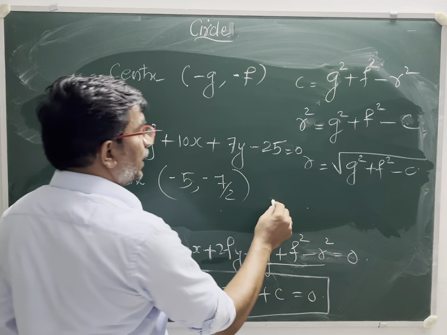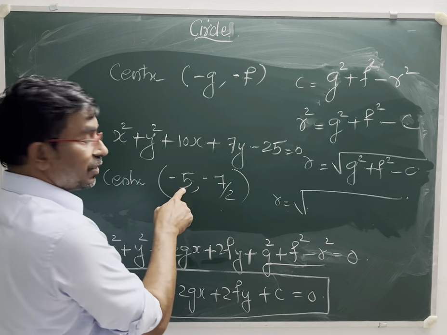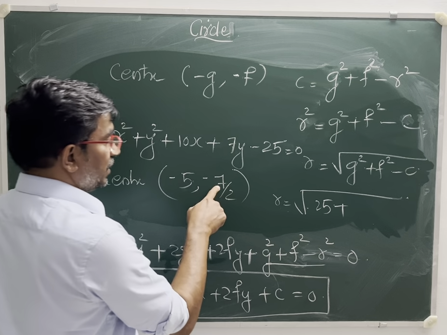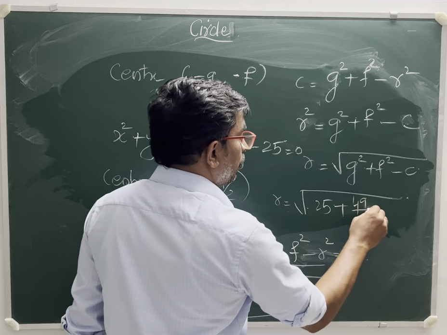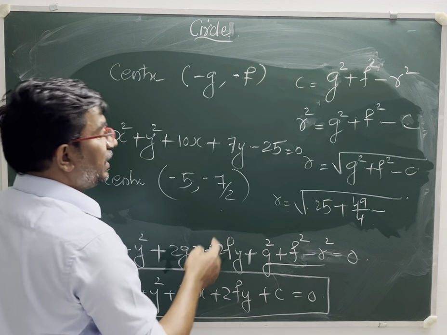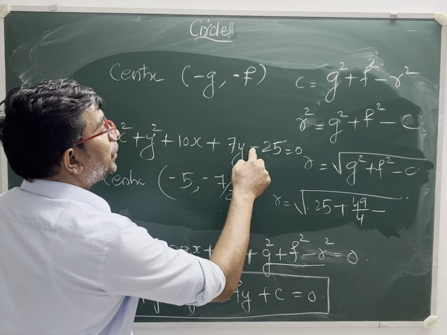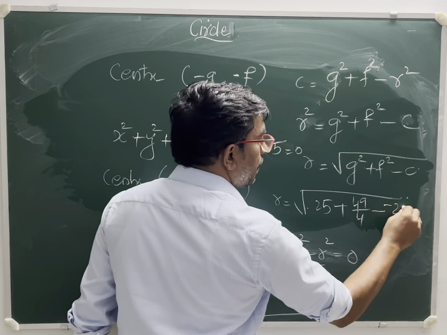And what will be the radius? Radius will be the square root of g square, that means minus 5 square, that will be 25, plus this one square, that will become 49 by 4, minus c. C is the constant. Actually in the equation it is plus c, so you will have to take minus 25.